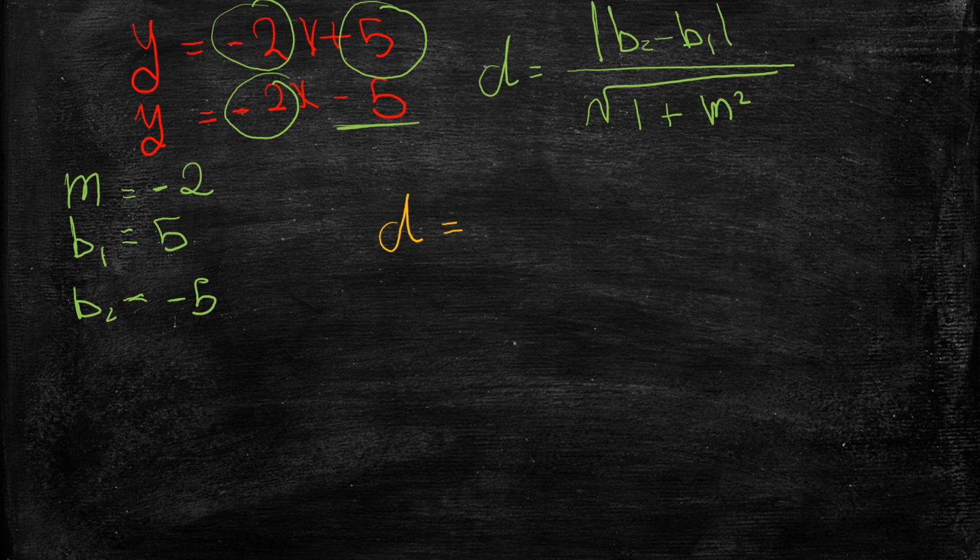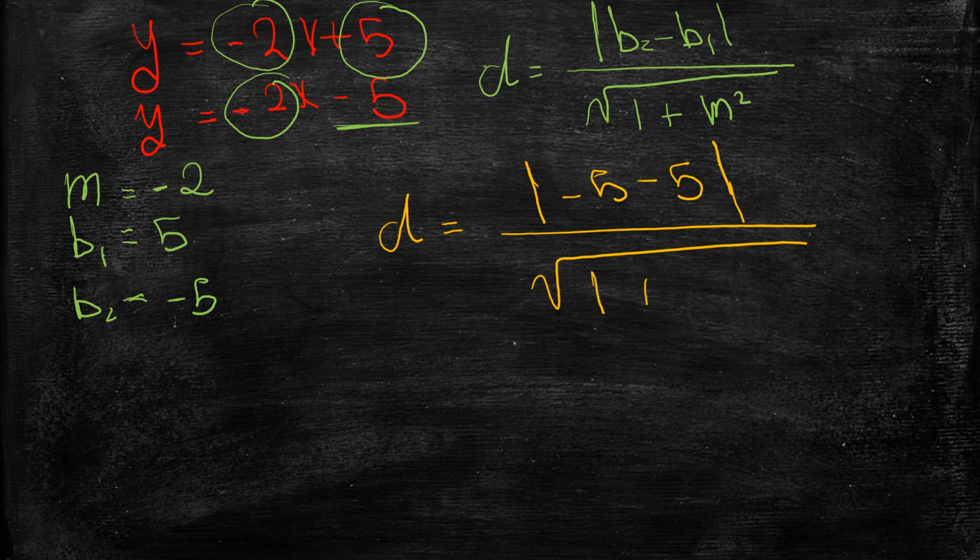So the distance equals the absolute value of minus 5 minus 5 divided by the square root of 1 plus minus 2 squared. Let's evaluate and simplify. Minus 5 minus 5 is minus 10.